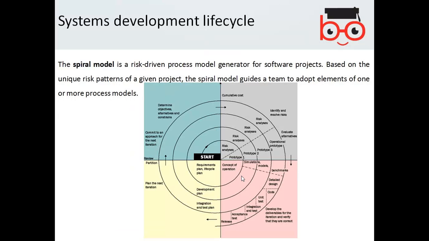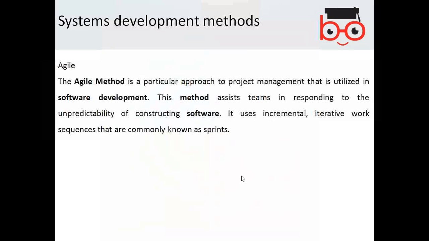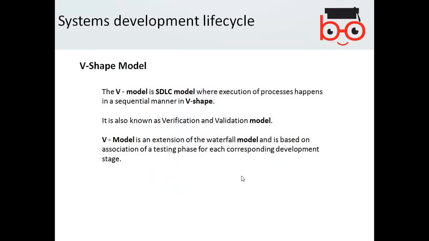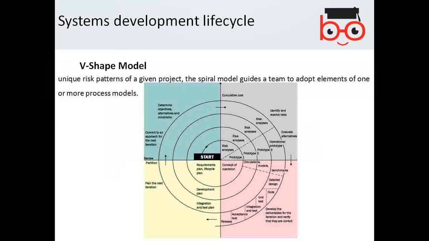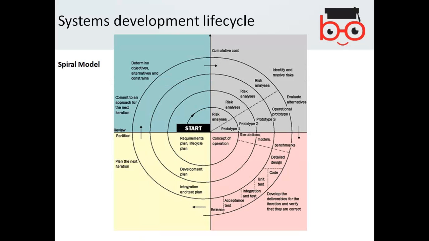So the waterfall model, the V-shape model, and the spiral model are certain models. When you go to the software engineering book, you will get more approaches and classification of these, and how they are done.